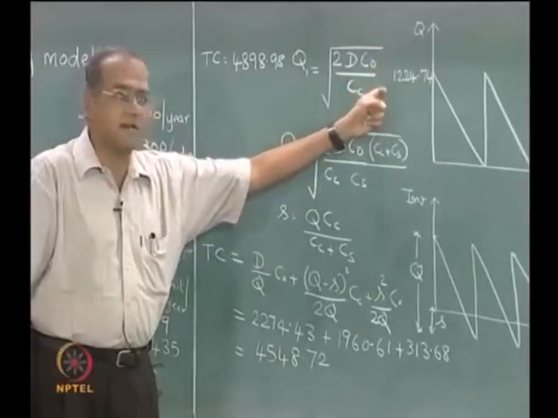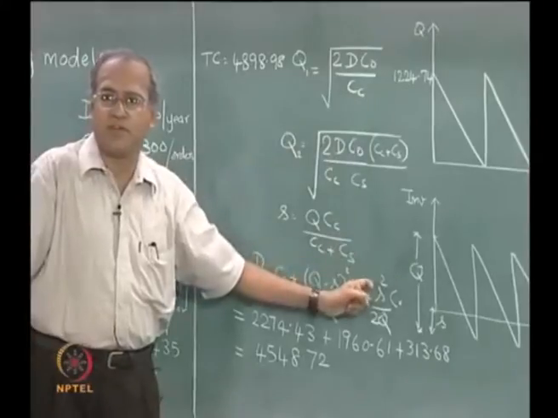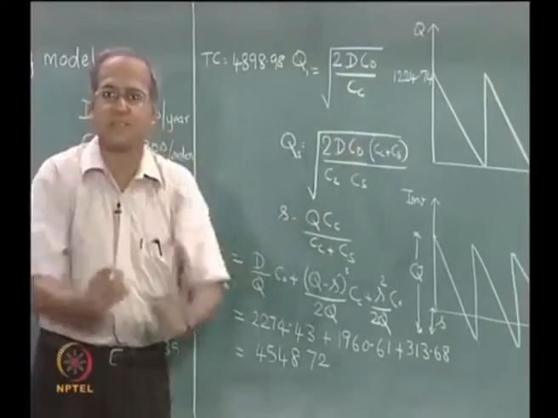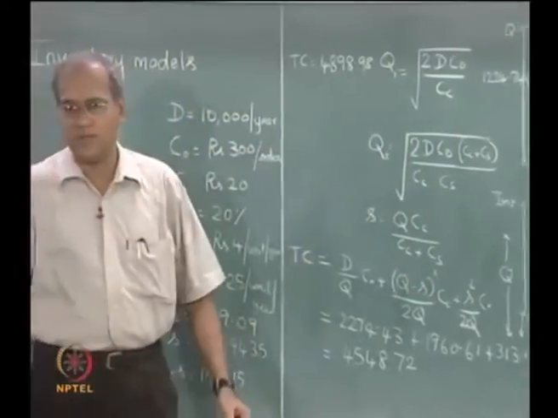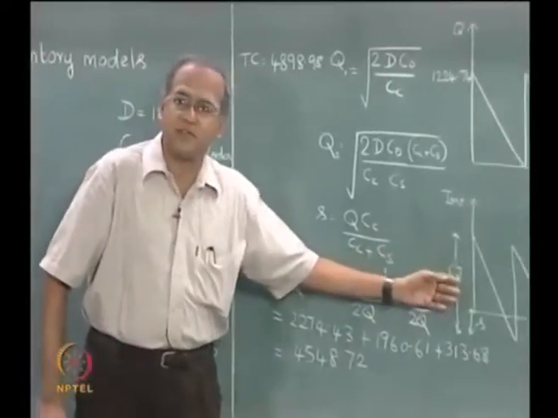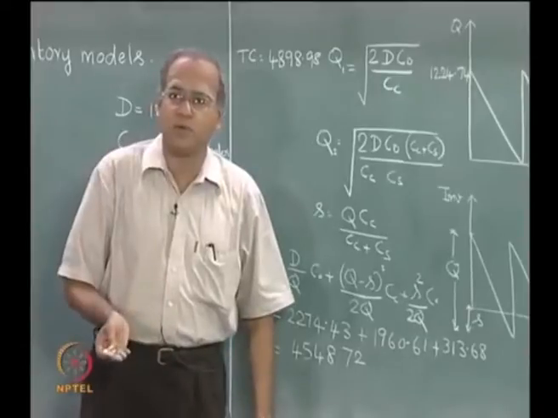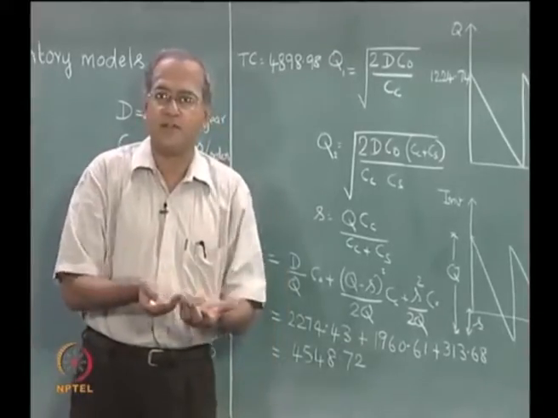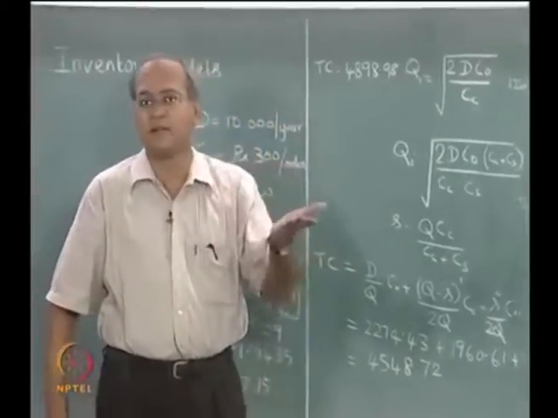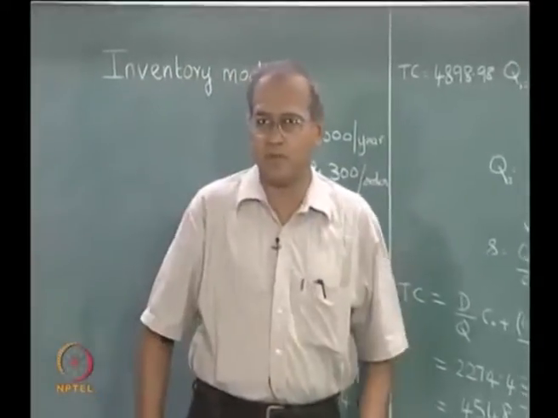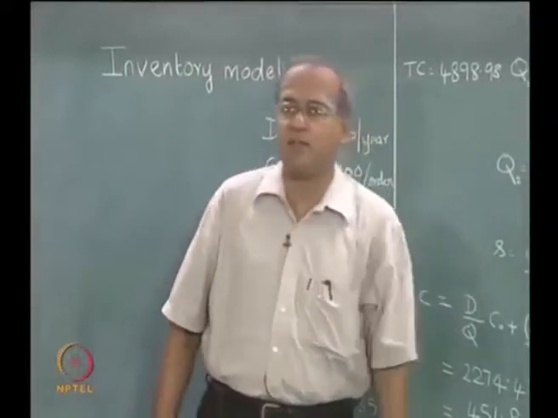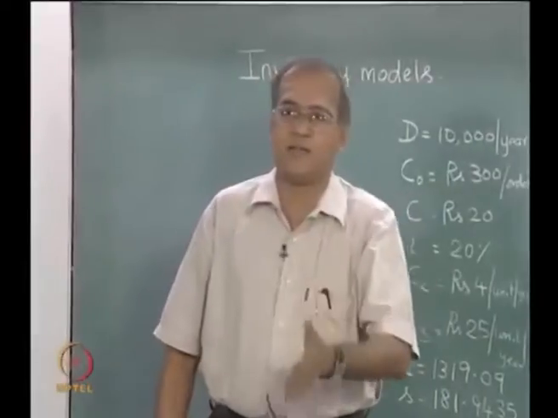So, this is a restricted version of this problem where you are putting an additional restriction that back ordering is not allowed. This is a relaxed version where back ordering is allowed, and it is only obvious that in a minimization problem the restricted version will have an objective function value higher than the relaxed problem. So, the first model will have total cost higher than the second.